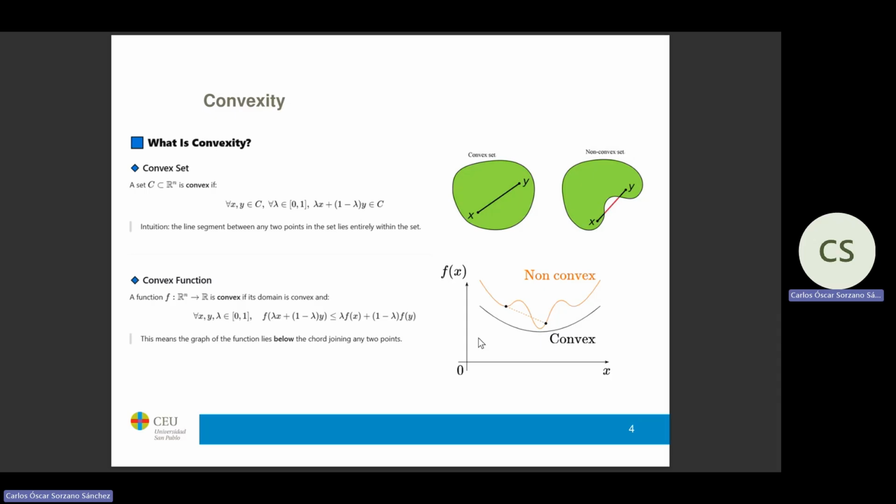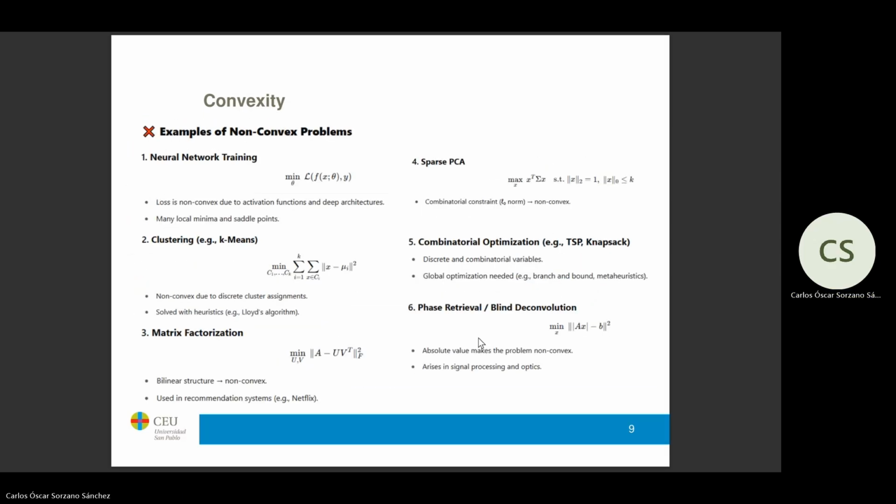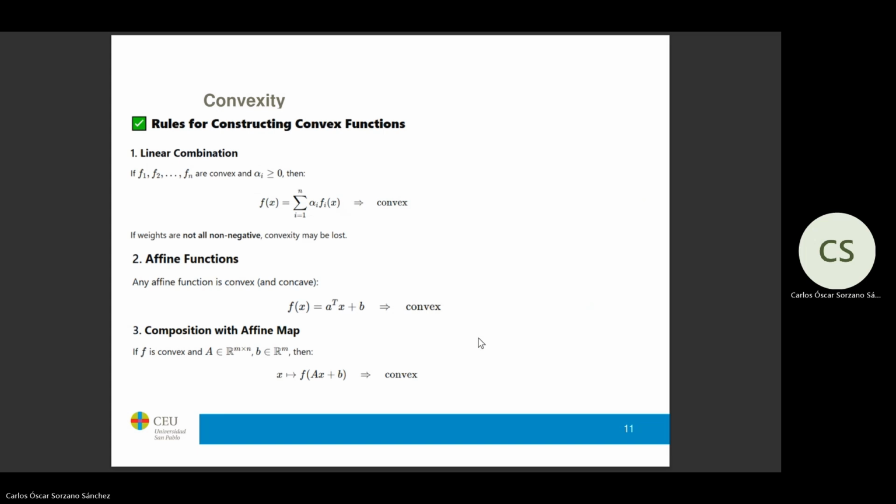So if it is flat, then it is concave and convex at the same time. Okay, so affine functions are convex and concave. The composition with an affine mapping is also convex. So if f is convex and you have some variable, you apply an affine transformation and then go through f, then the result is still convex.